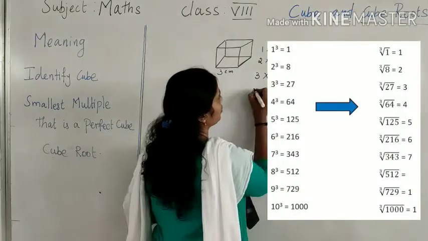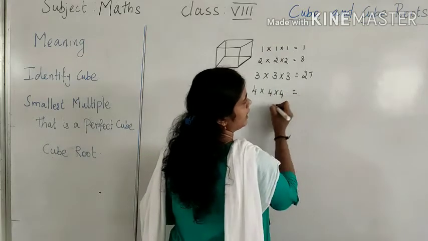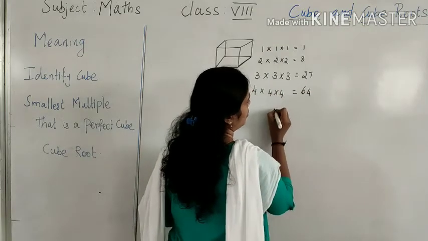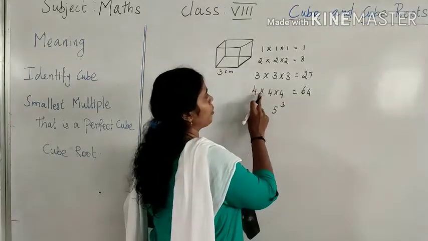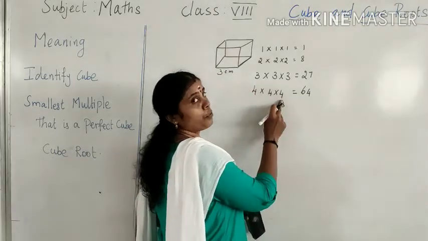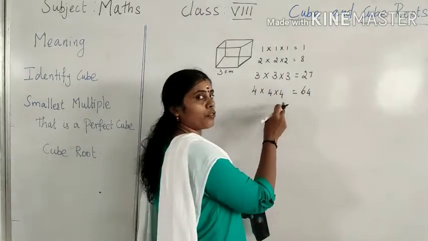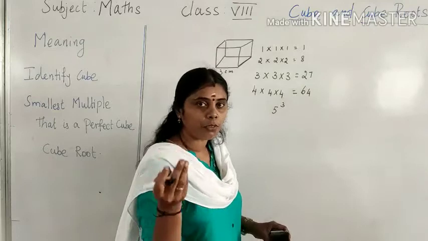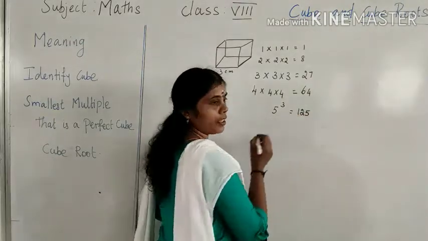Like that we can write it for 4. 4 multiplied by 4 multiplied by 4, that is 64. So what about the cube of 5? In exponent form, 4 into 4 into 4 we write as 4 power 3. The same way 5 into 5 into 5, we can write as 5 power 3. So the cube of 5 is 125, right?